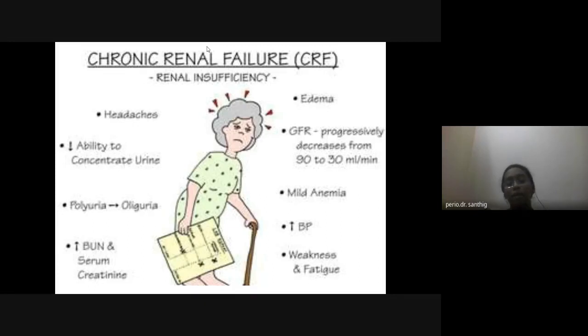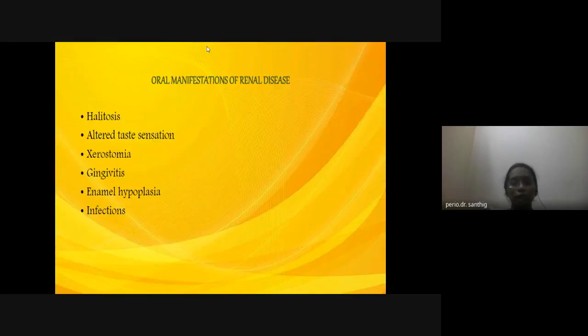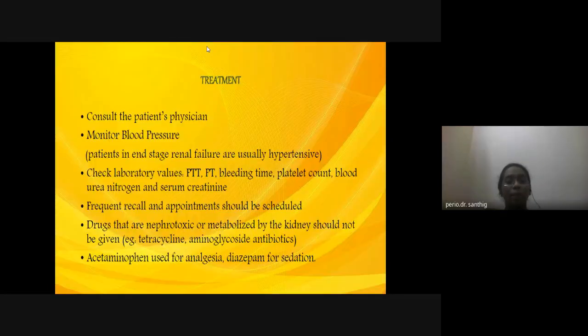The glomerular filtration rate will progressively decrease from 90 to 30 ml per minute, and mild anemia will be present, with increased blood pressure, weakness, and fatigue. Patients with renal diseases will have oral manifestations of halitosis, altered taste sensation, xerostomia, gingivitis, enamel hypoplasia, and infections.